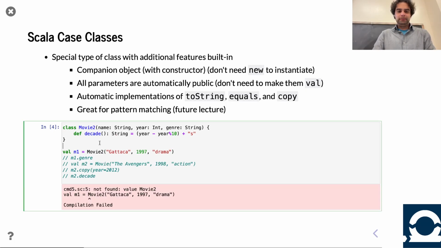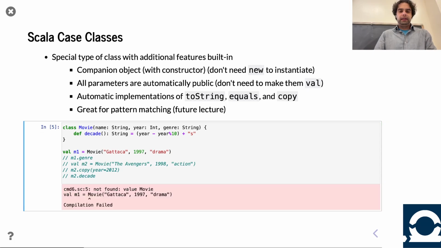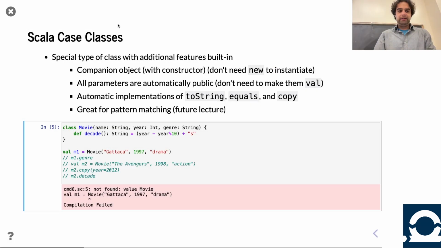And of course, when you do normal objects, you have to say new. So you can see normal objects have to say new, etc. But as a case class, life was a lot easier. It handles new for us. The companion object exists. And I've crashed my Scala kernel.